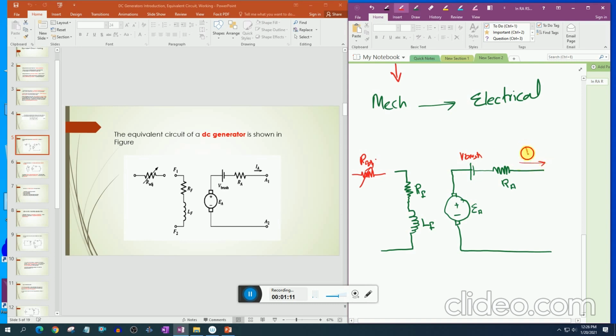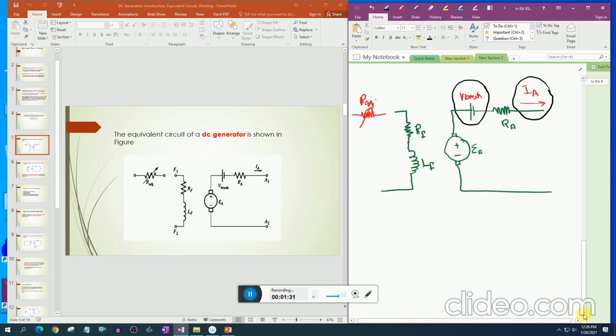There is no practical difference, as we already studied, between the DC motor and the DC generator. Two differences can occur: first, the direction of V brush, and second, the direction of IA. These are the two differences between the DC motor equivalent circuit and the DC generator equivalent circuit. If we simplify this circuit, we can remove V brush because its value is very small, and the adjustable resistance is included in RF.